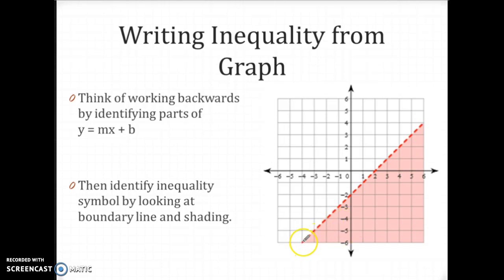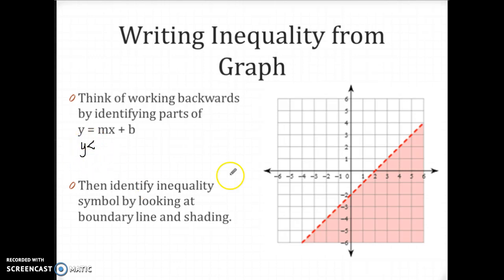The reason is, first, it's a dashed line, so I know that any number on this line is not a solution. So my inequality can't have the equal sign with it. And the shading is below. Shading is less than wherever this line is. It's all numbers smaller than that line. So my inequality that I'm going to use for this one is less than.